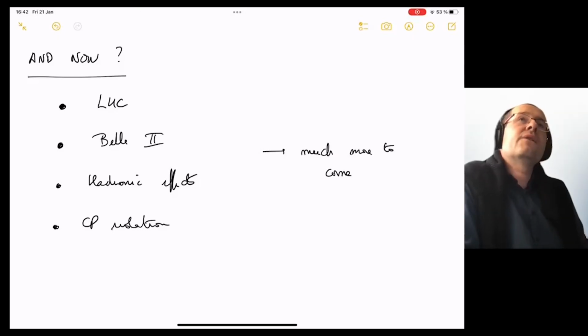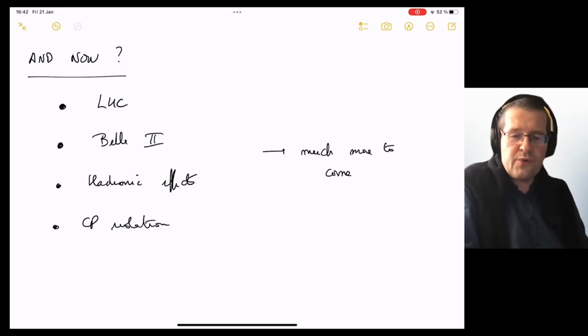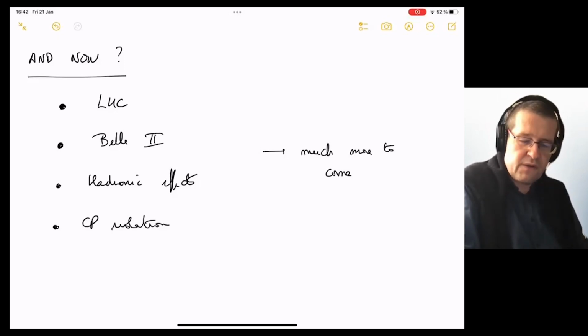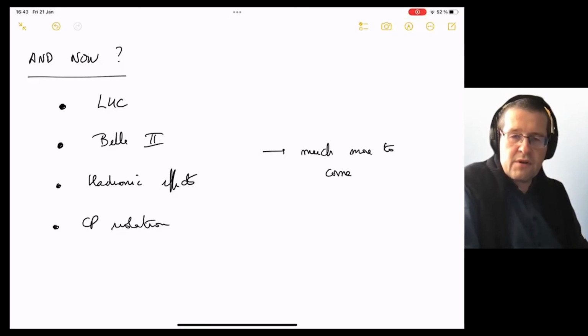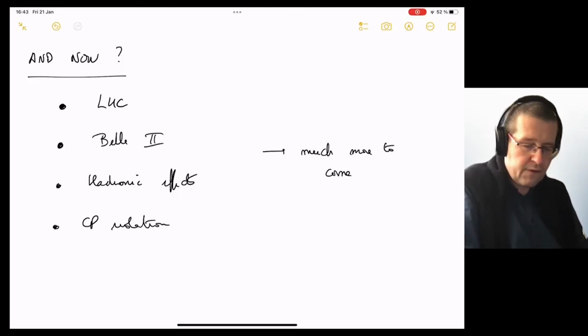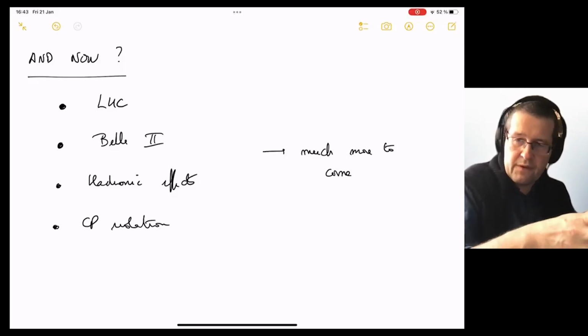Okay, so the thing is that you do have constraints internally, if you wish, because you want to be able to explain both sets of deviations, so B to S and B to C. When you play around with the constraints that you get from there, you see that if you want to keep the theory perturbative at the level of the couplings of your vector-like quark with the rest, and at the same time not have very large contributions to Bs mixing in particular, because that's one of the main places where this can have an effect, then you need to remain in a range of a few TeV for the mass of your vector-like quark.